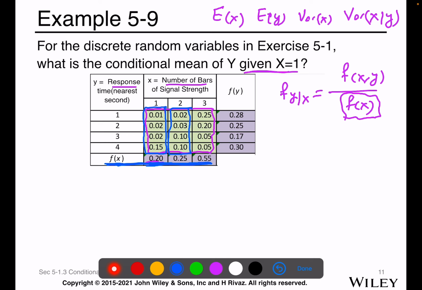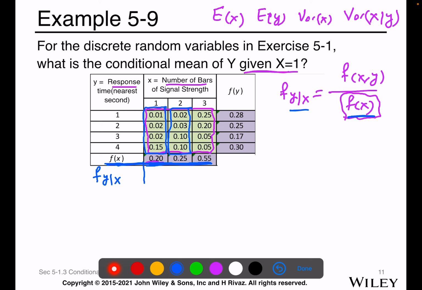Any questions so far? So we calculated this part. Now we can write this in the next row. So we can say f of y given x.